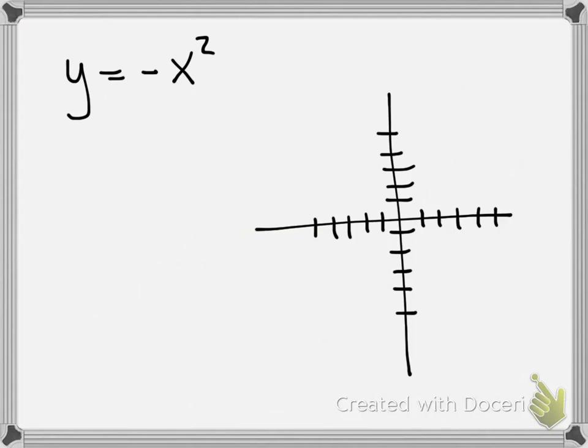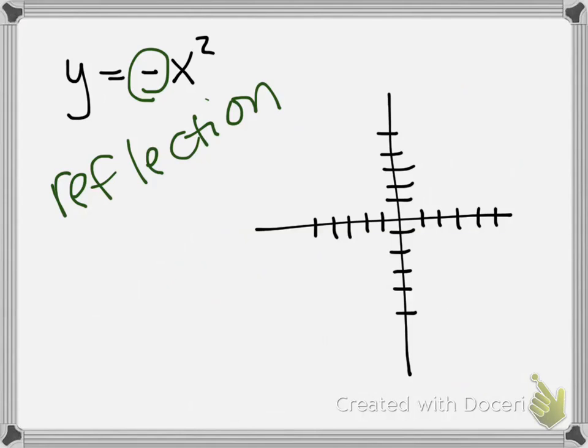Okay, the last type that we're going to look at in this video is what do we do if there's a negative. Remember, the negative in front tells us that it's going to be a reflection. So instead of going upwards and making an upward U, it's going to be upside down, and some people call that a hill. So it does still start at the origin because it's not shifted right and it's not shifted left.